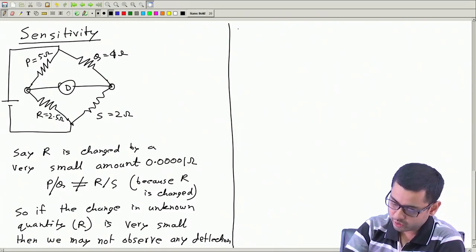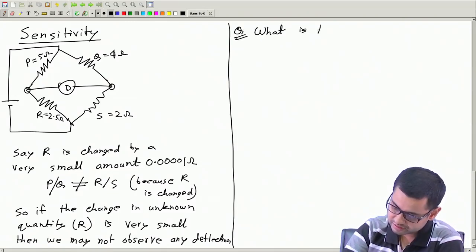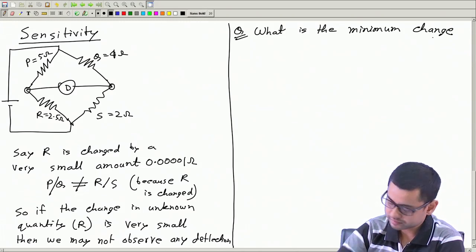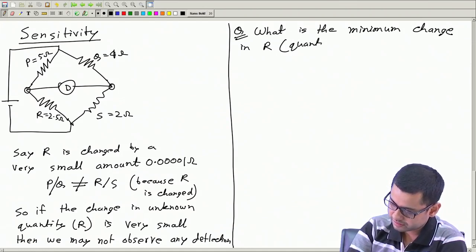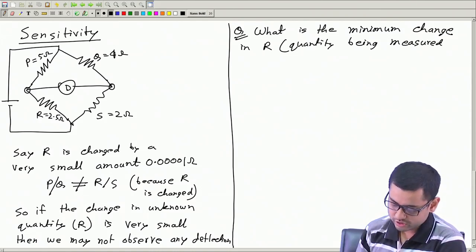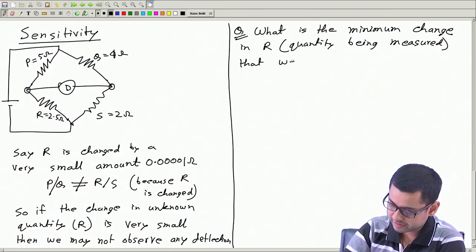So, we can ask a question: what is the minimum change in R, that is the unknown quantity being measured, that we can detect?